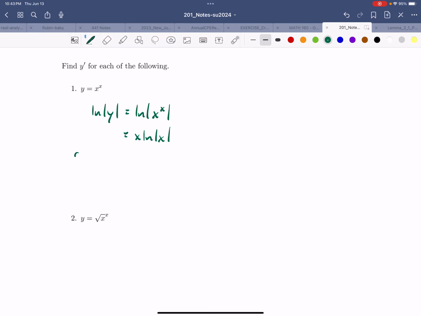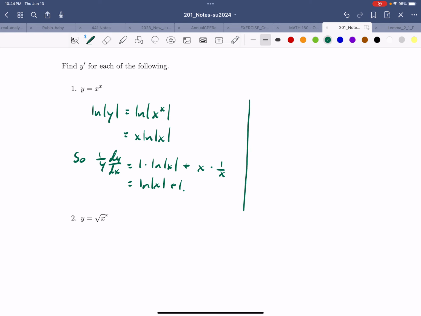So 1 over y dy over dx, or call it y prime if you want, is going to equal 1 times ln of x, since the derivative of x is 1, plus x times 1 over x. And to simplify a little bit, this is the same as ln of x plus 1.